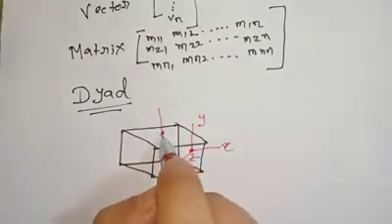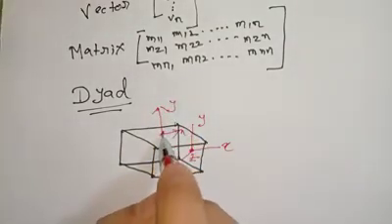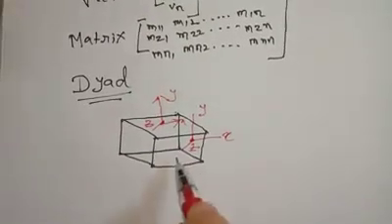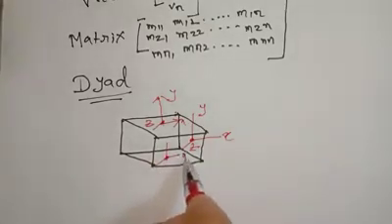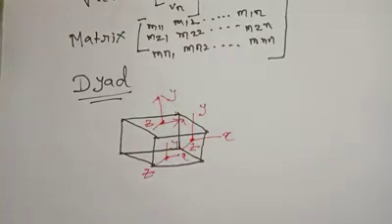It would again be x, y and z. Then we take this base portion. In the same way, we can draw three axes: x, y, and z, right? So this is what is typically called a dyad. Now we can further name the dyads.